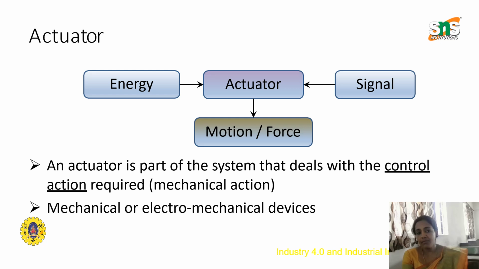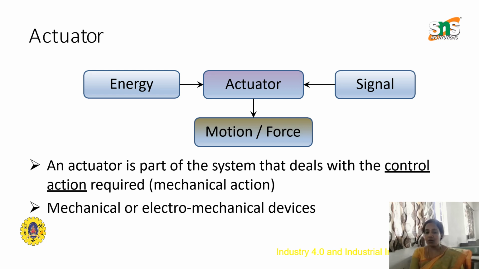So the simple block diagram for an actuator is nothing but energy, actuator, which will be given a signal, which will then give the motion or the force. So an actuator is the part of the system that deals with the control action required, mechanical action.